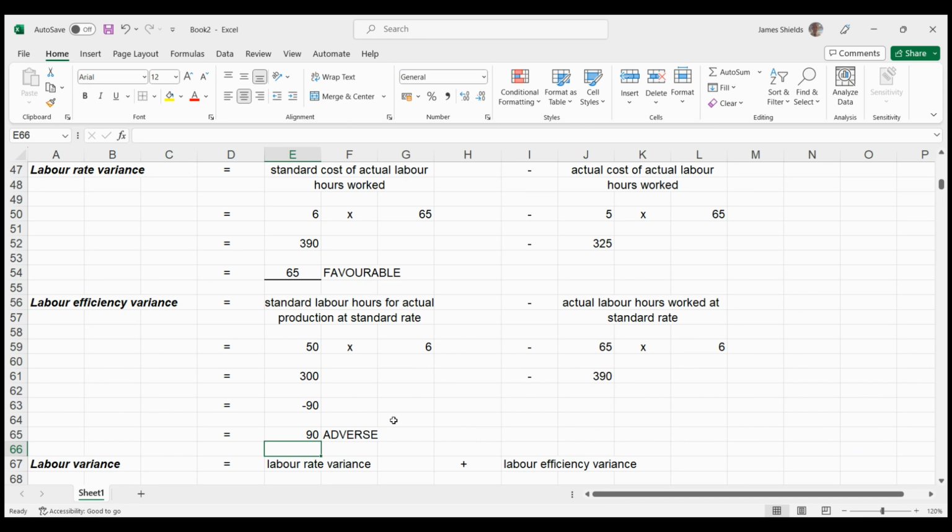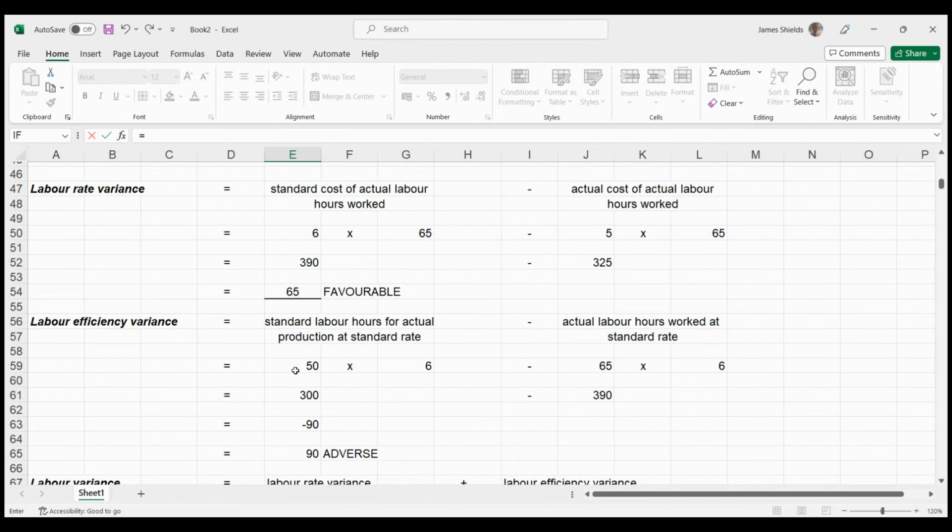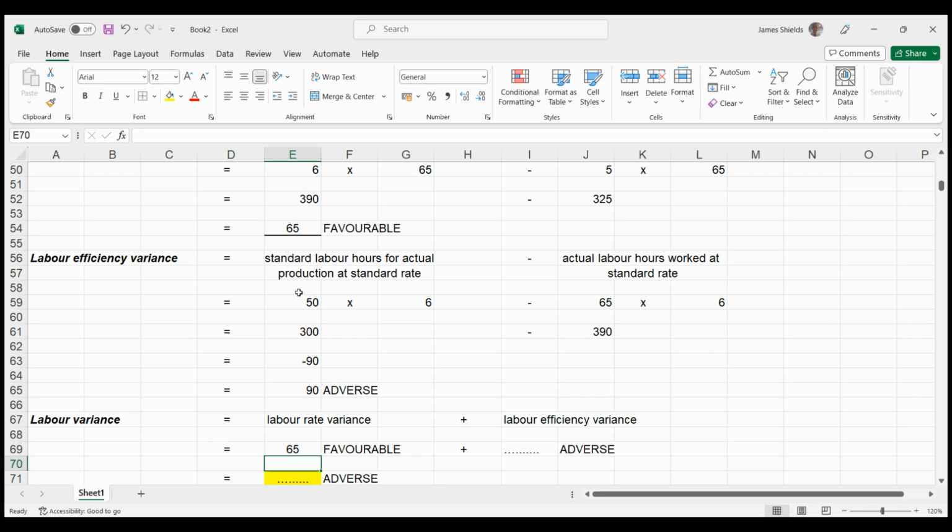Now, we want to check we got it correct. The labour variance overall is your labour rate variance plus your labour efficiency variance. Your labour rate variance was £65 favourable, and the labour efficiency variance was £90 adverse.